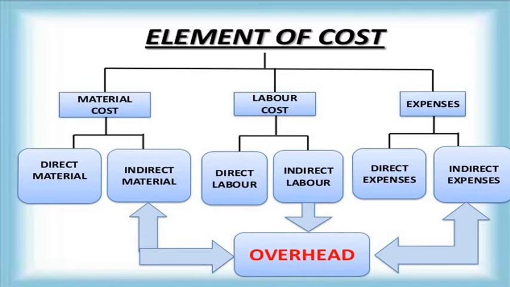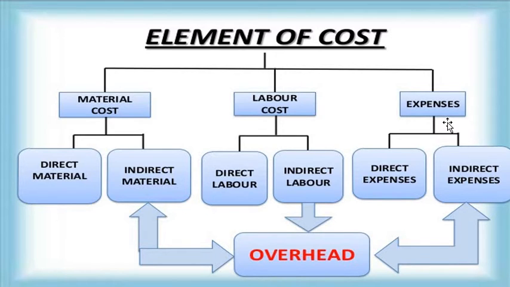This diagram or chart shows the various elements of cost. The elements of cost are divided basically into three types: material cost, labor cost, and expenses. Material cost is again divided into two types: direct material and indirect material. Labor is again divided into two types: direct labor and indirect labor.